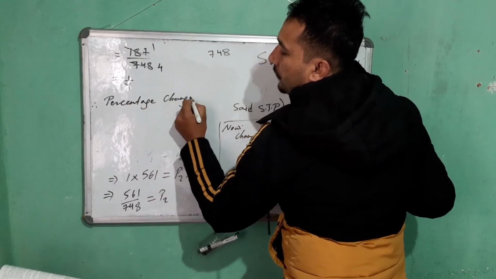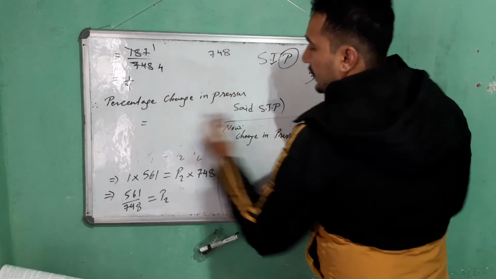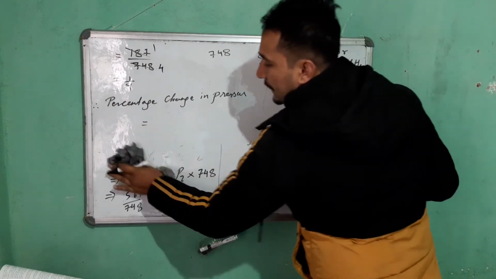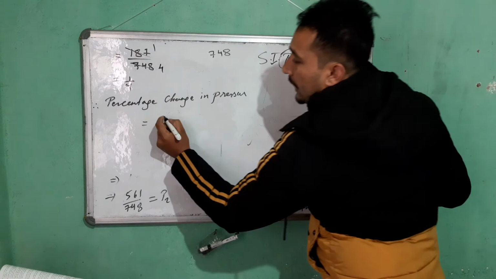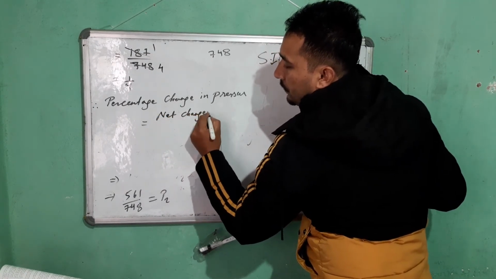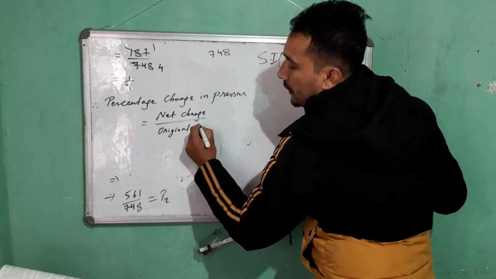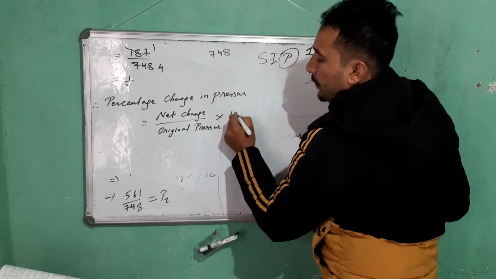change in pressure. Your question was to find the percentage change in pressure. So the formula is net change divided by original pressure, into 100%.